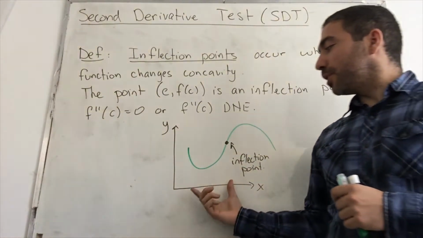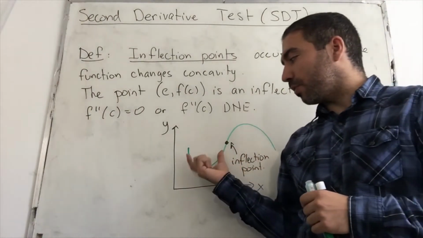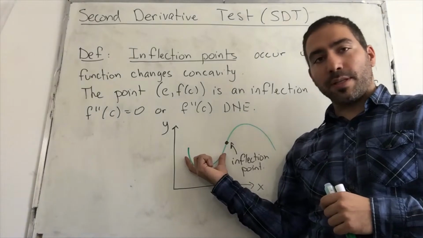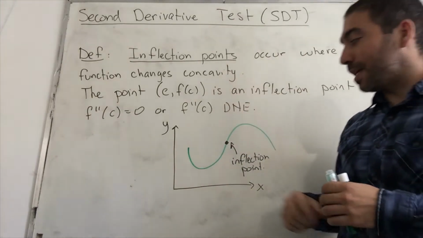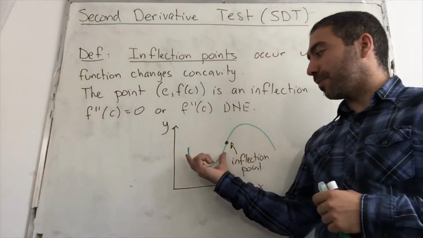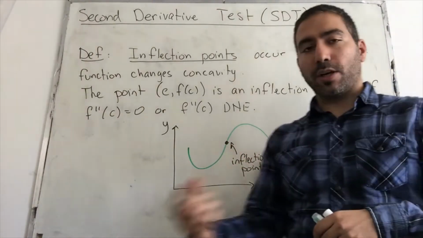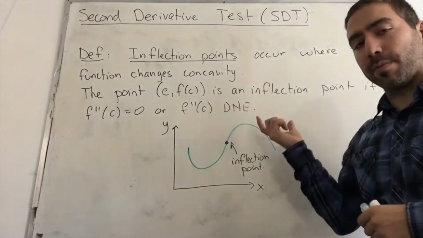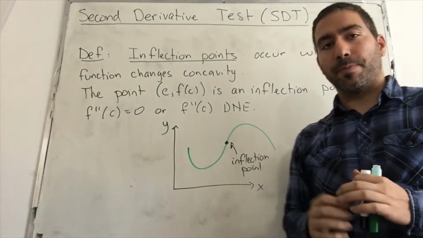The image that you should have in mind, if you're given a function, this is a function in green, is that the first part of it is concave up, and the second part here is concave down. At this point here, that's when the concavity changes. When it changes from concave up to concave down, that's when we have an inflection point. But it could also change from concave down to concave up. That point where it changes concavity, that's where we have an inflection point.